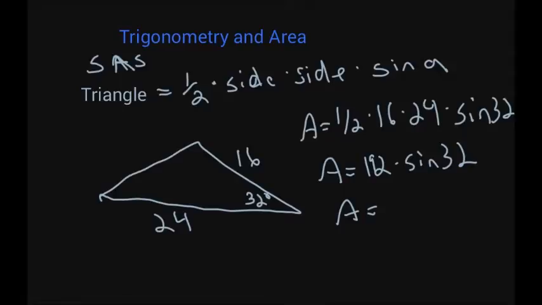And your area is going to be about 101 7/10. My about symbol. And let's say this is centimeters, so that would be centimeters squared. So that saves you the trouble of putting in the height of the triangle, using your trig functions to find the height, and then finding the area.